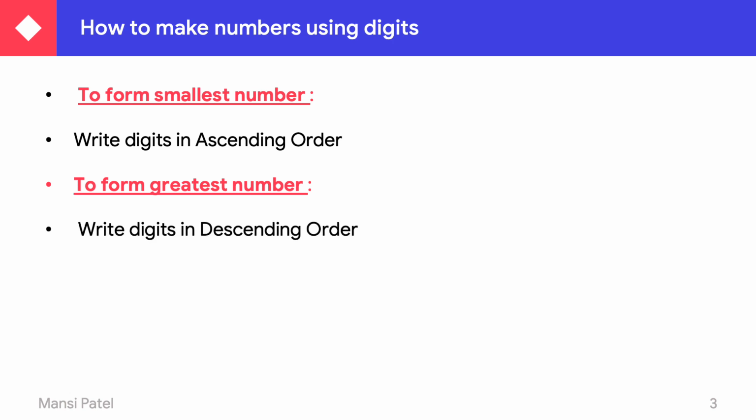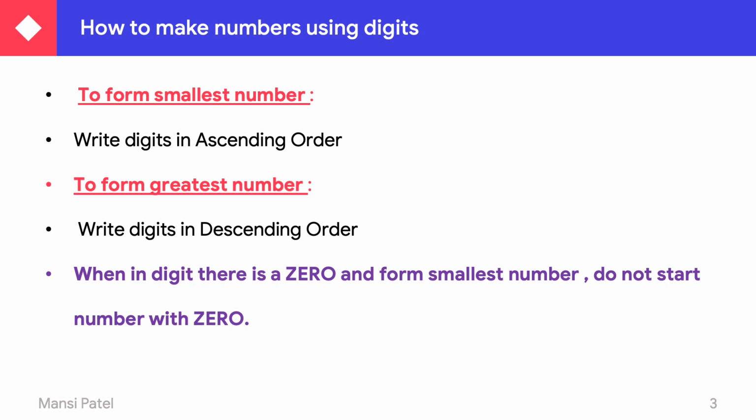But be careful, when in the digits there is a 0 and you have to form the smallest number, please do not start the number with 0. Why? Because 0 itself does not have any value.